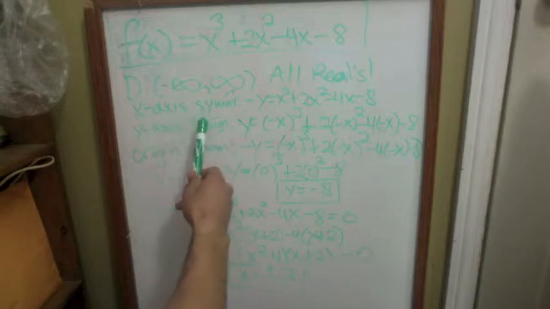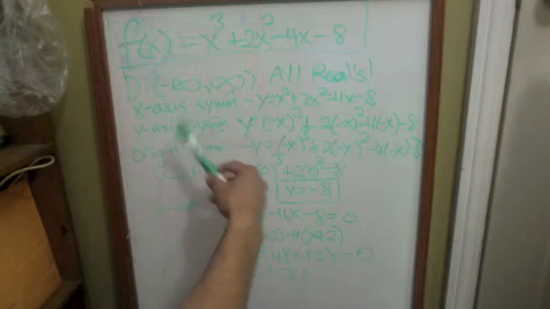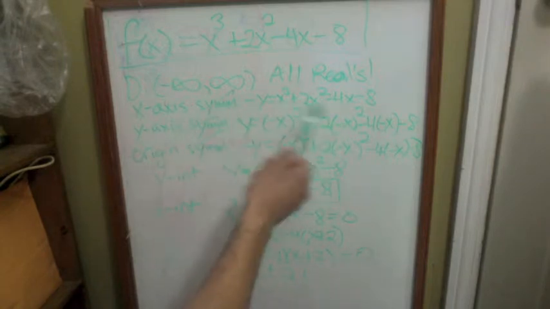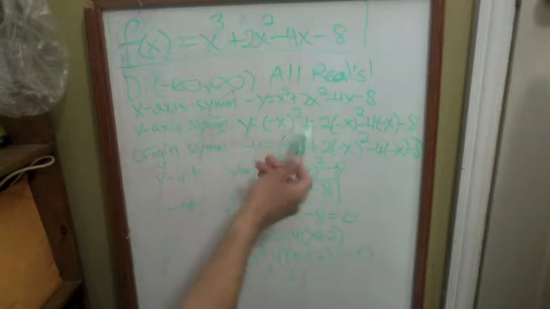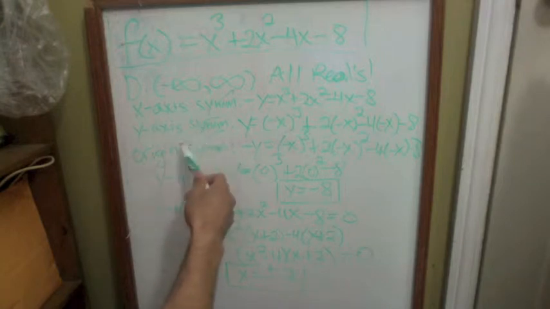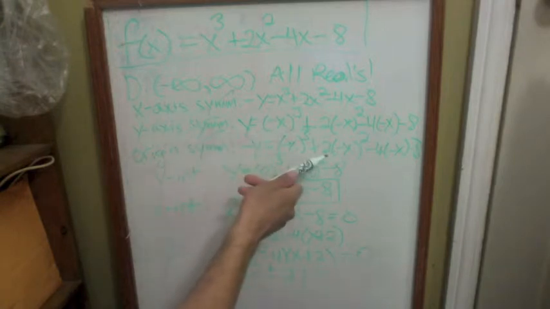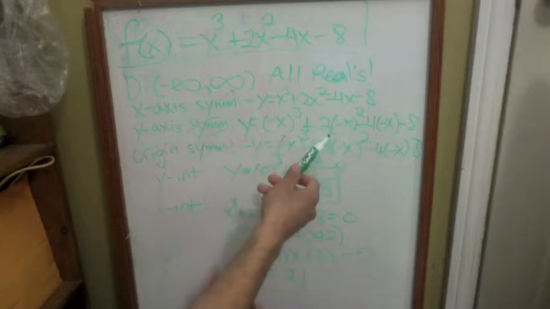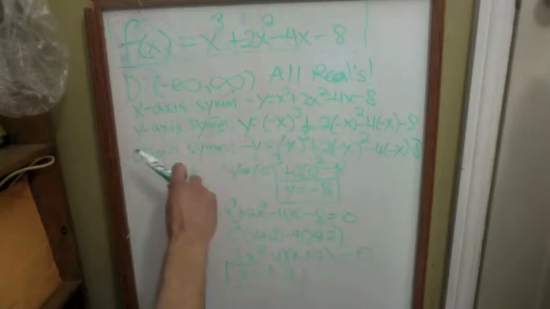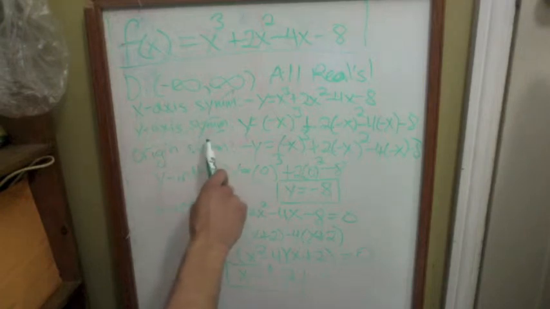For x-axis symmetry, I plug in a negative for y, and we see if anything happens if we return to the original function. Obviously, we can see right off the bat, this is not going to work. So now we can try for the y-axis symmetry and put a negative x for all the x's, and we'll see that we're not going to get back to our original function, so it also does not have y-axis symmetry.